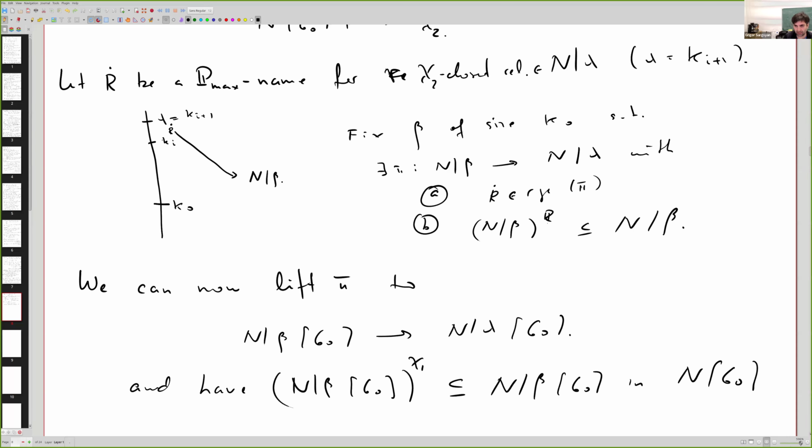That's the point of requiring R closure. If you don't require R closure, you won't be able to prove that it's Aleph 1 closed in the extension. Okay.